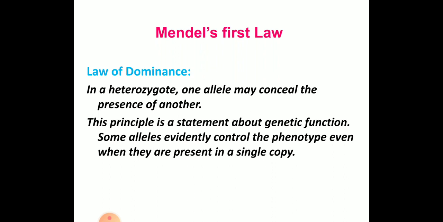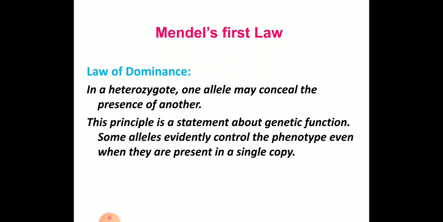So law of dominance. Already we have come across the terms dominant and recessive. Dominant means which will express in the offspring or in the next generation, whereas the recessive will not express in the next generation. So this law of dominance explains that in a heterozygote, one allele may conceal the presence of another.